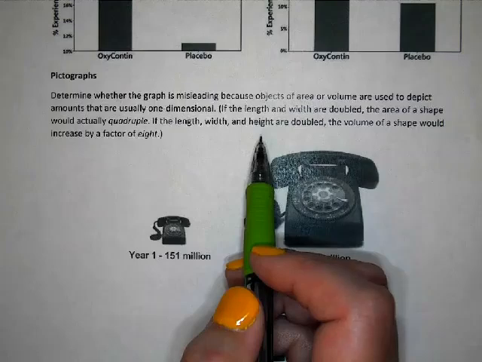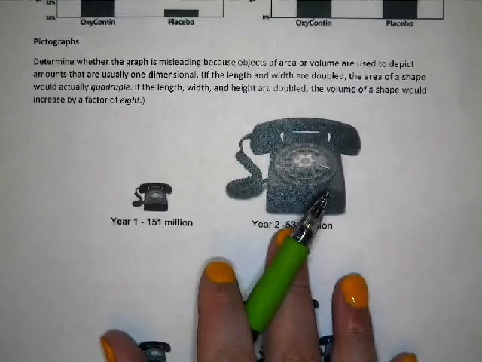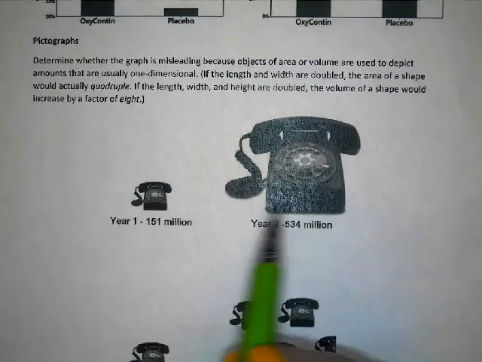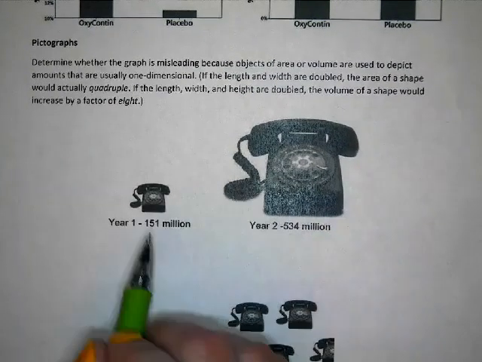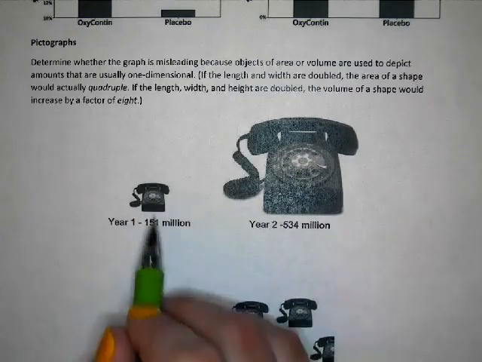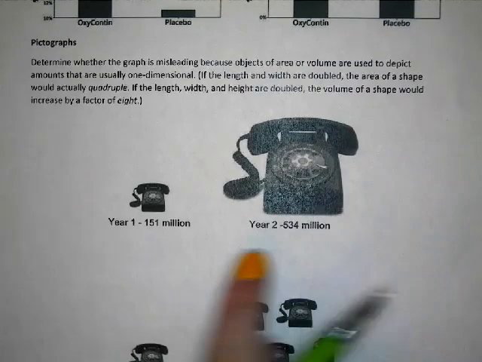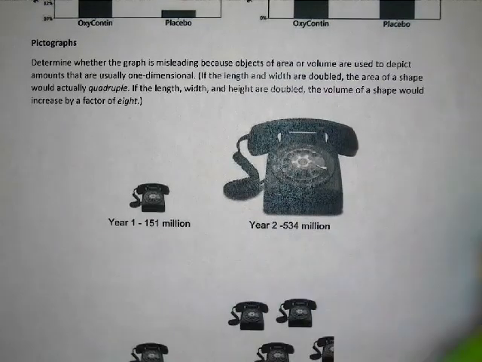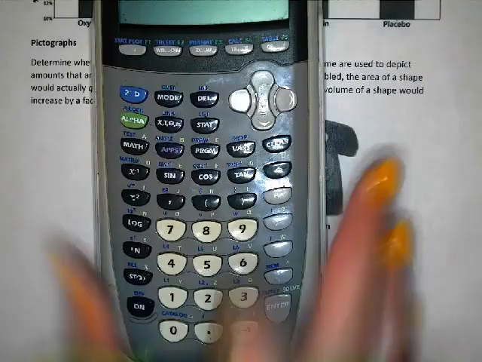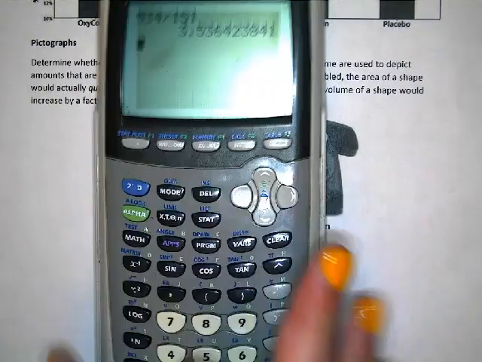And so if you're talking about something doubling, then representing it with something else that has an area can be kind of misrepresentative. So here they talked about something that had to do with telephones. I don't remember the context of the problem from the textbook, but if you look at the numbers here from 151 million to 534 million, it's about 3.5 times more.